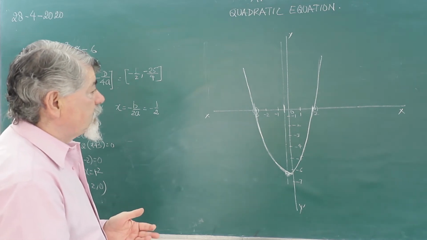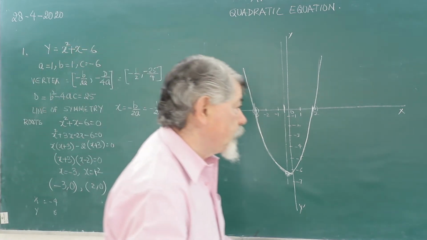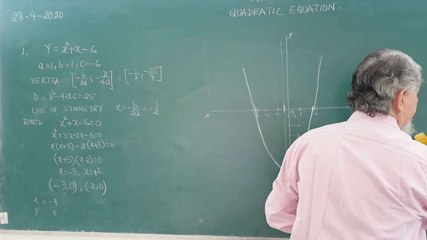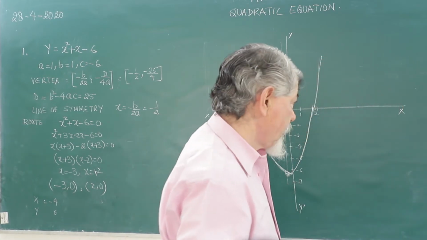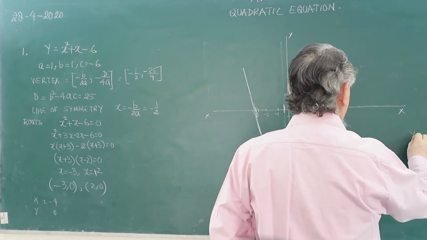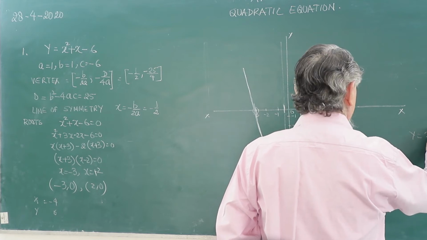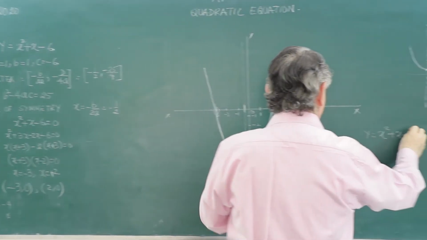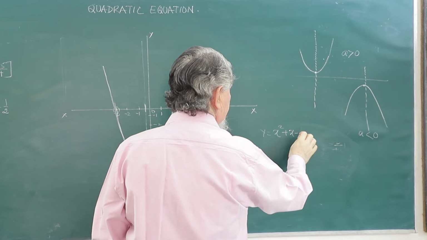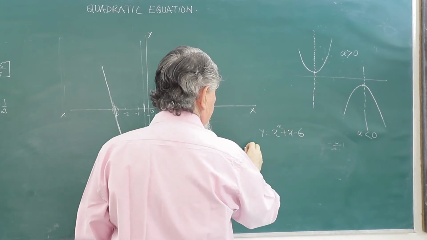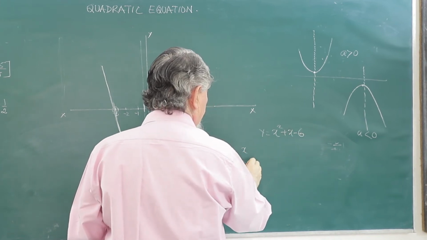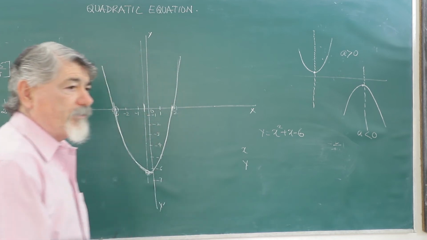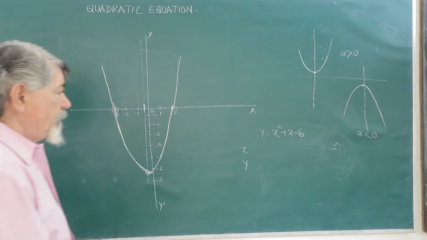Though you can take certain more values, like you can make a table here. Your function is y is equal to x square plus x minus 6. You can give different values to x, and corresponding values of y should be calculated as we usually do.